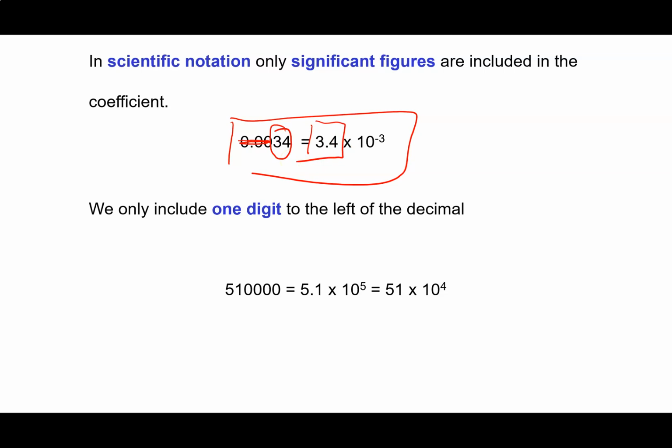And as I mentioned previously, we only ever put one digit to the left of the decimal in our coefficient. So this number is written correctly in scientific notation. This other number, while it's mathematically correct, is not scientific notation because there are 2 digits, and there's no decimal point at all. So it's just not scientific notation.